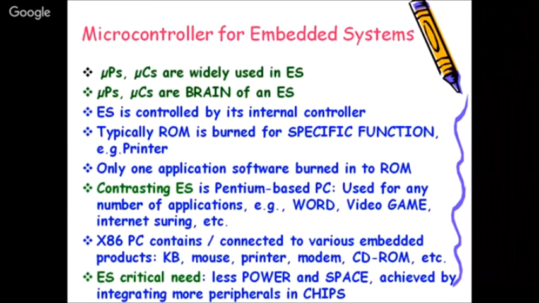Now the interesting thing is that a general purpose computer, like an 8086 based or any other PowerPC based computer, is connected to multiple embedded products. For example, the computer on which you work in the office is connected to a mouse, a keyboard, a CD-ROM, a printer, or a hard disk.